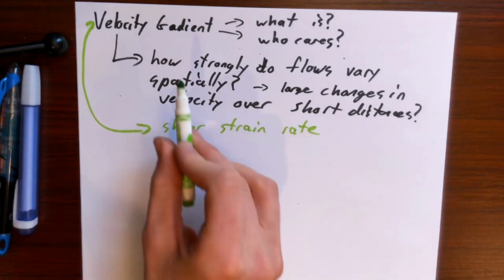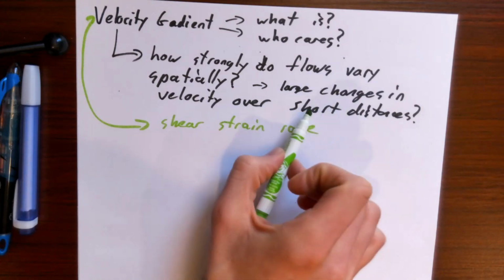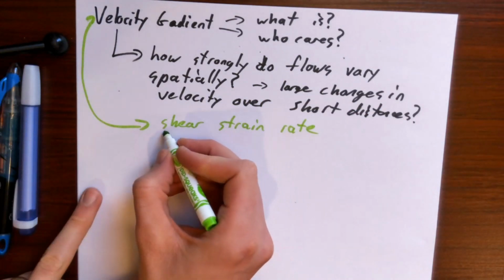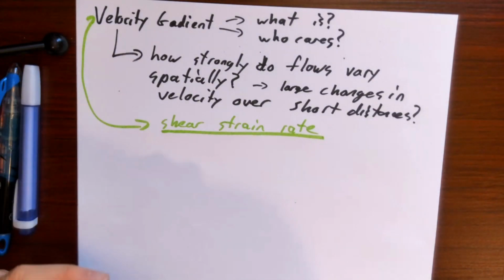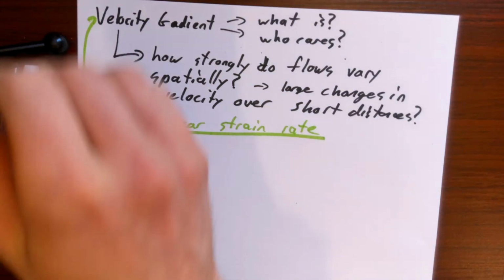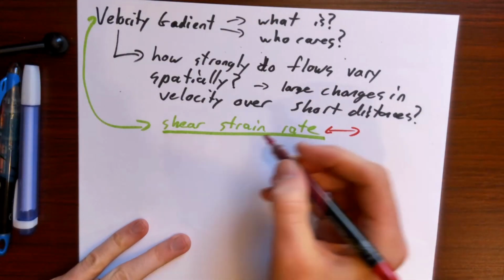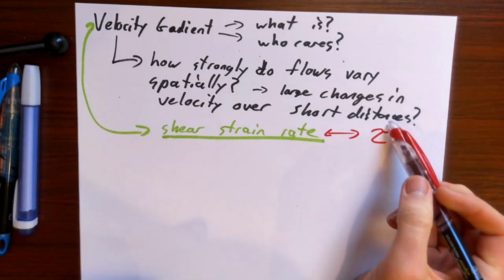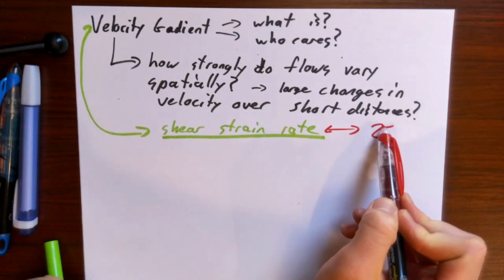Velocity gradients, i.e. flows that have large variations in velocity over short distances, are almost identical to flows that have a high shear strain rate. Why do we care about high shear strain rates? Well, if you remember, for Newtonian fluids, there's a relationship between shear strain rate and shear stress. So what does this mean? We're looking to develop a relationship between velocity gradient and shear stress.